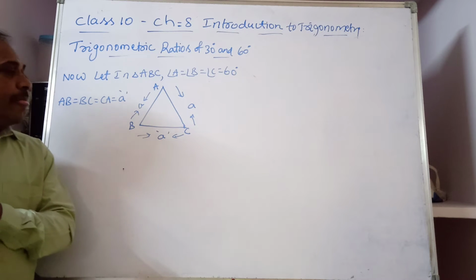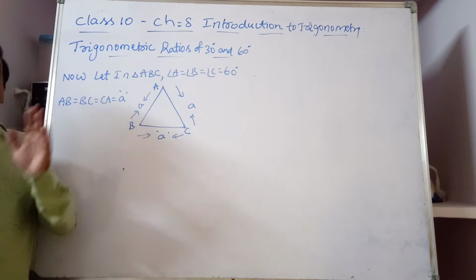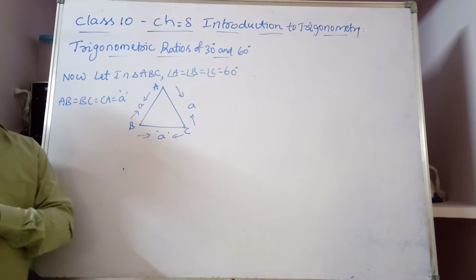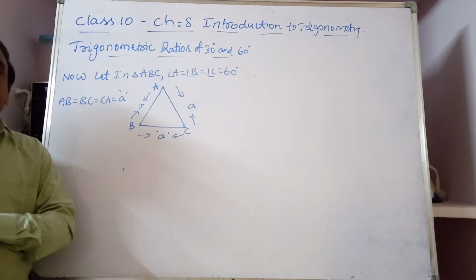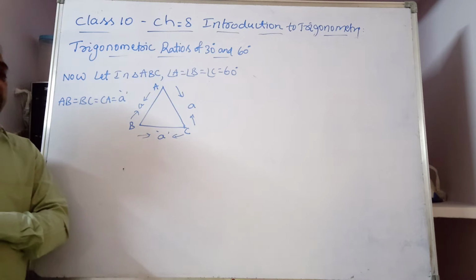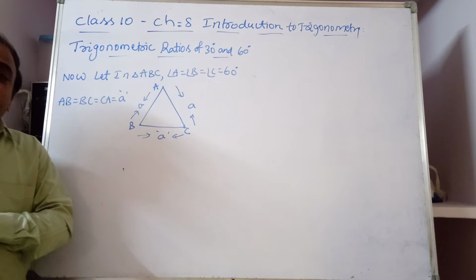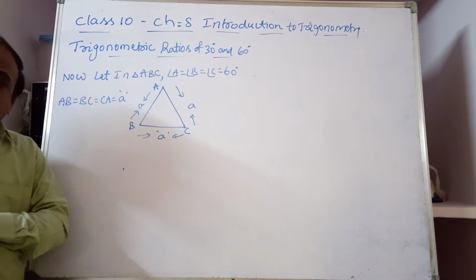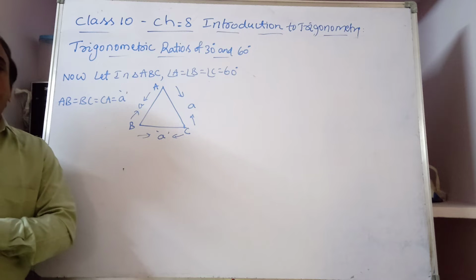A line segment which joins a vertex to the midpoint of the opposite side is the median. A line segment which makes a perpendicular distance from the vertex to its opposite side is the altitude.